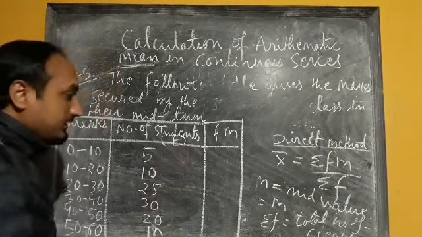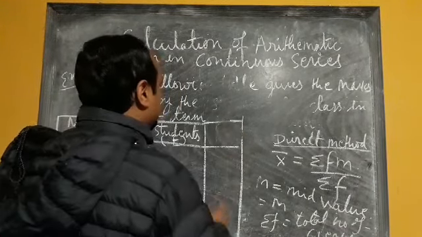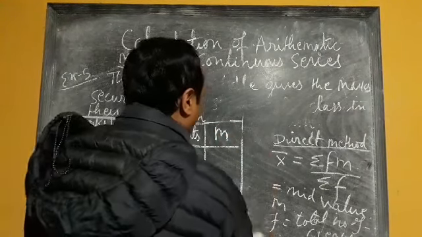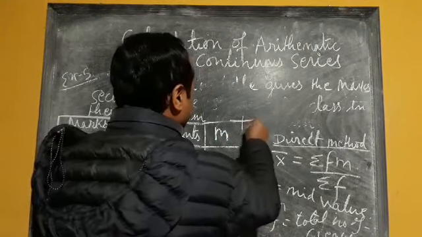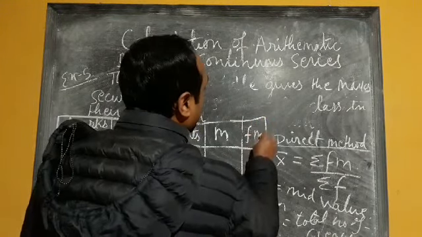We have to calculate mid value. First we will calculate mid value. Let's consider this one as m, and we will make one more column, f m.